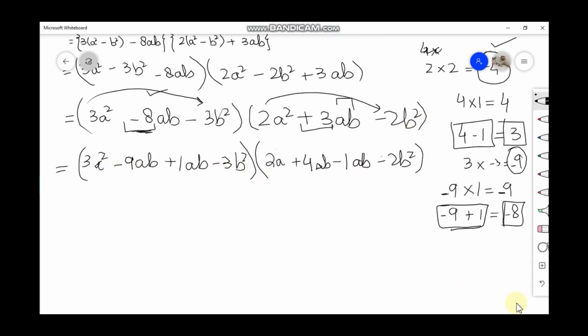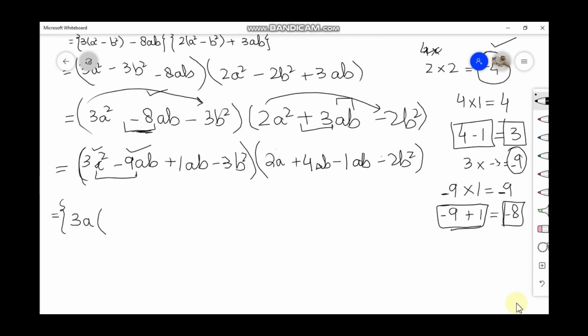So the common in the first bracket, first 2 terms. What is the common? I will use curly brackets in place of these brackets. The table of 3 is common in both the terms, and the power 1 of a is common.